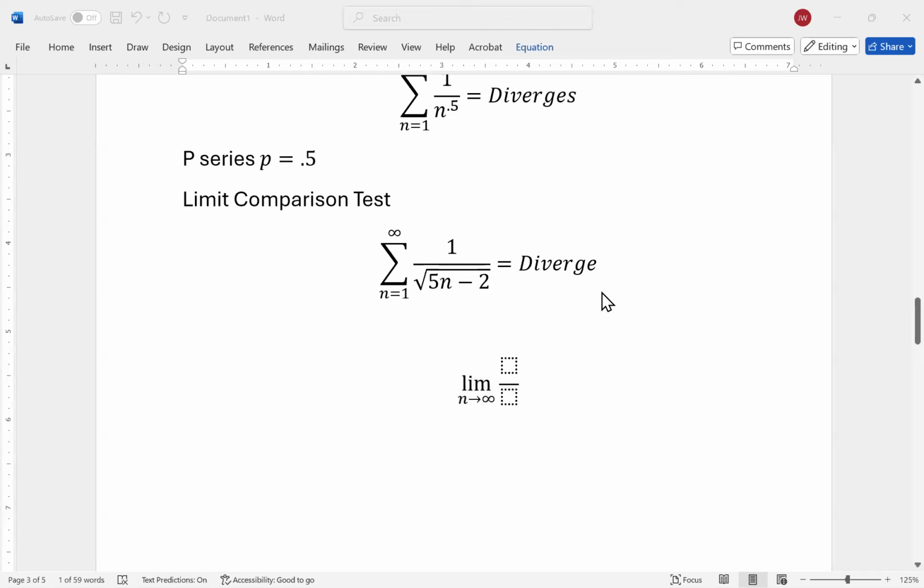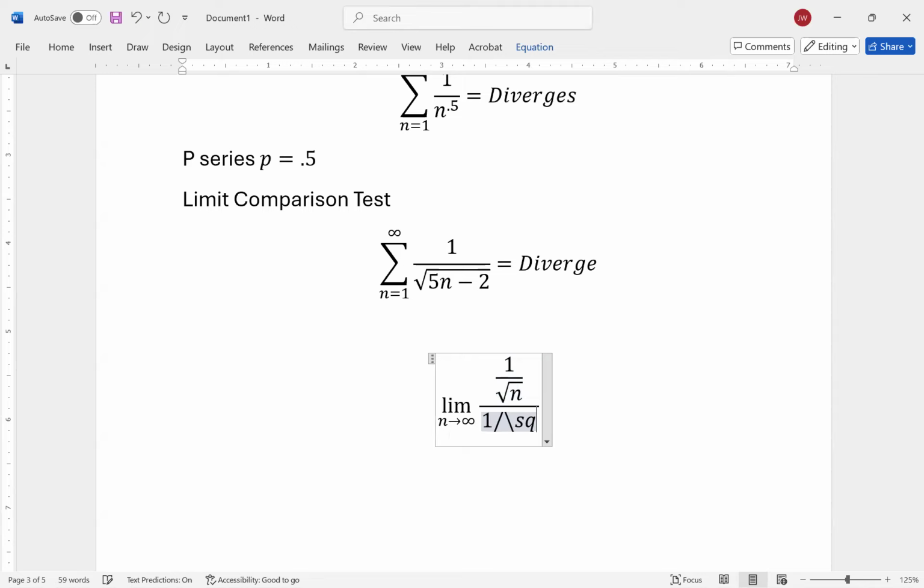So I'll do that. Basically, what I have is a limit. It doesn't matter which one I put on top and which one I put on bottom. I will put the 1 over the square root of n on top. And then on bottom, I'll put the 1 over square root of the quantity 5n minus 2.